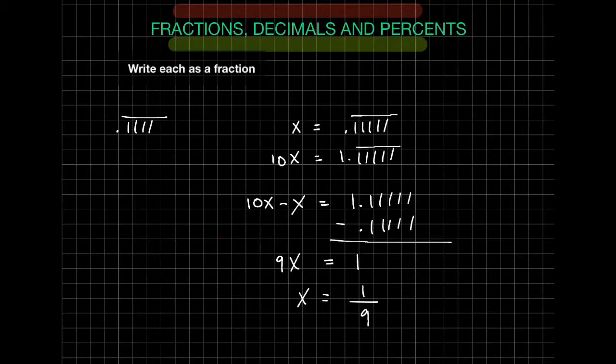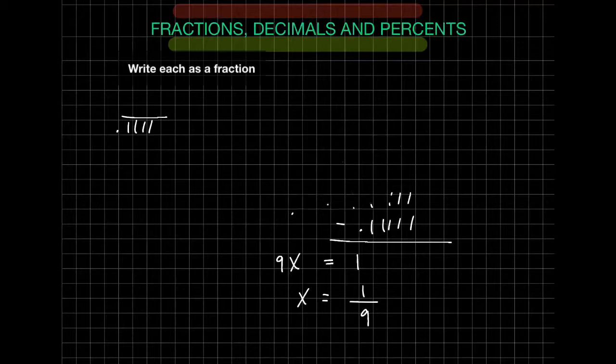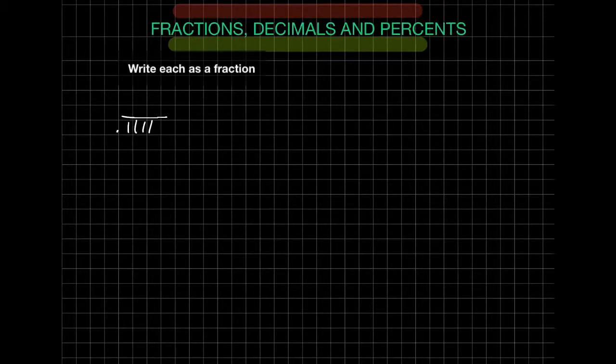Now this is kind of the same also if you're doing it with something that's repeating twice. So let's say 0.121212, and that just keeps on going on forever. We're going to kind of do the same thing, except we're going to have to multiply by 100. So we're going to have to bump this over twice. So we're going to say x equals 0.1212, and that's repeating.